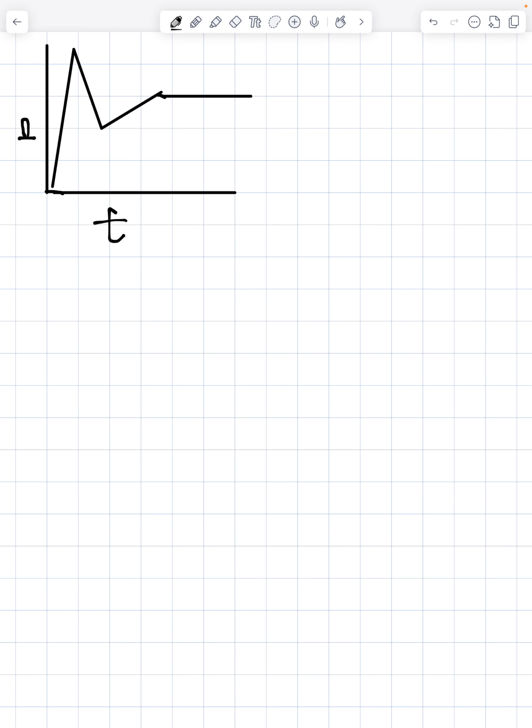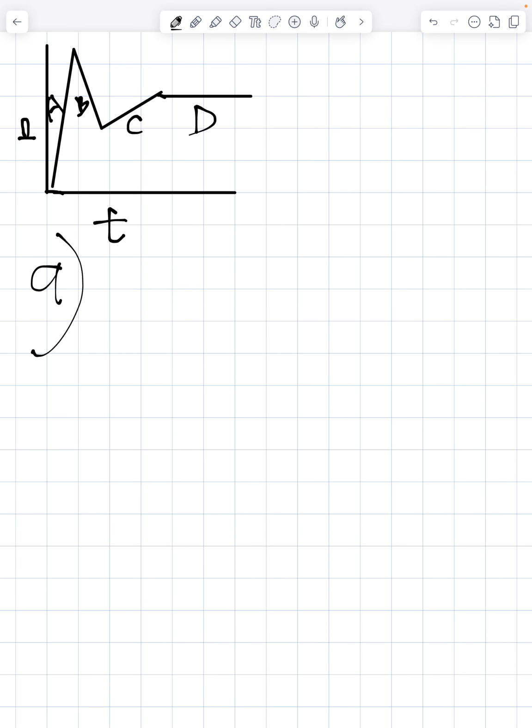So this will be A. This will be B. This will be C. This will be D. Now, part A is asking us to determine where average velocity is positive, where it's negative, where it's constant, where it's zero.